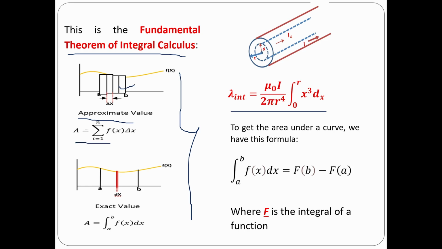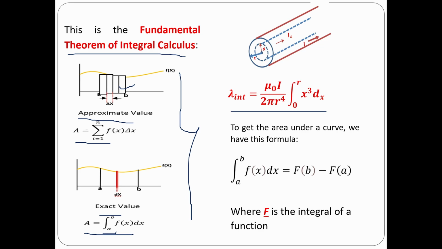And we also have an exact value using integral calculus. Since the exact value theorem is usually used today, we will focus only on this theorem, wherein there is a certain point under a curve with width dx. The formula is A equal to the integral from a to b of f(x) dx.